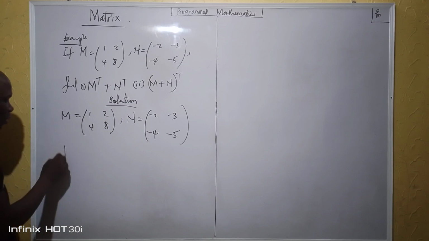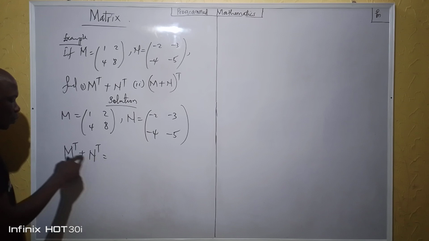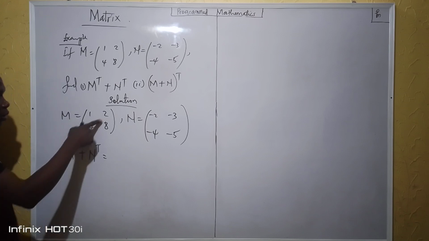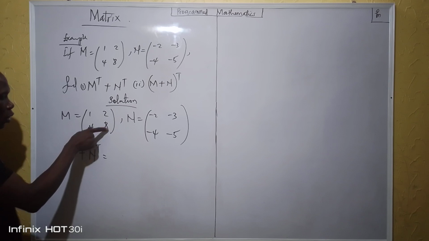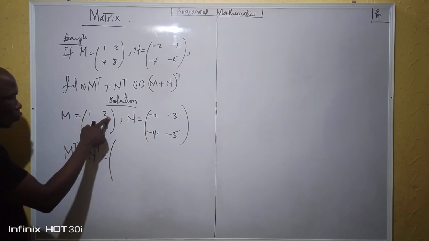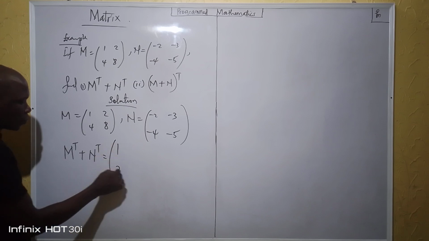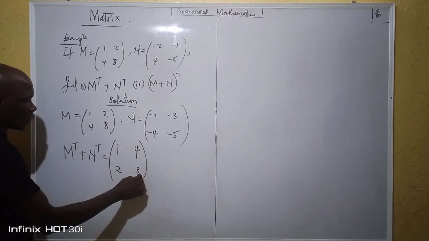The transpose of matrix M simply means exchange of rows for columns. So row 1 becomes column 1, row 2 becomes column 2. So we write that out first. Row 1 becomes column 1, meaning 1, 2. Row 2 becomes column 2, meaning 4, 8.